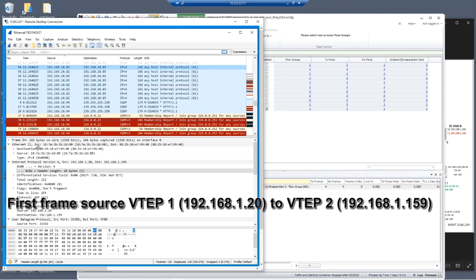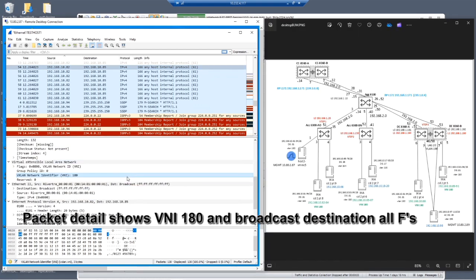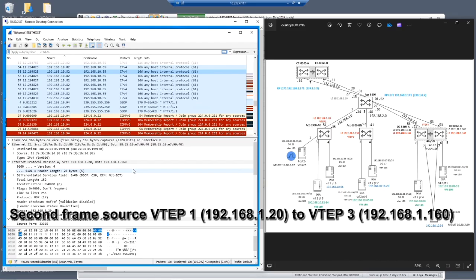Taking a closer look at the first frame, we see source VTEP 1, 1.20, sending to VTEP 2 at 1.159. Further examination of the frame shows that this is VNI 180 and it's a broadcast destination, all Fs. Looking at the second frame, we can see source VTEP 1 at 1.20, this time going to VTEP 3, 1.160.